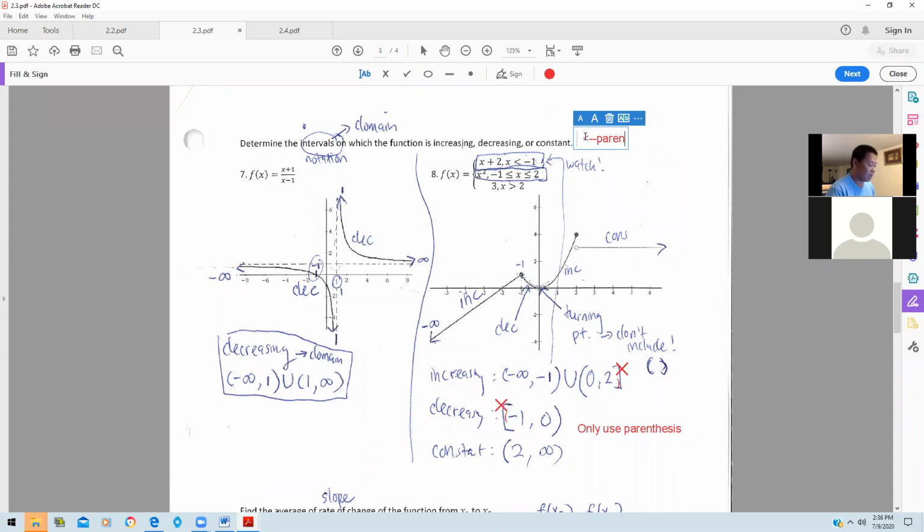But if I ask you for domain and range, then you will use either parentheses or brackets. So if a question is asking just the domain or range, you will have to use either parentheses or brackets. But for the increasing, decreasing, constant, it's parentheses, just for this case.